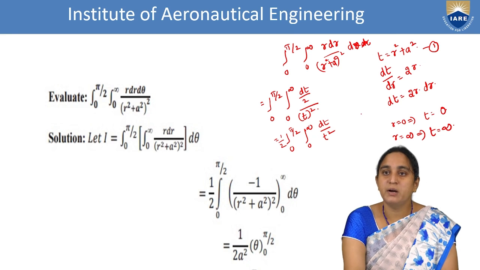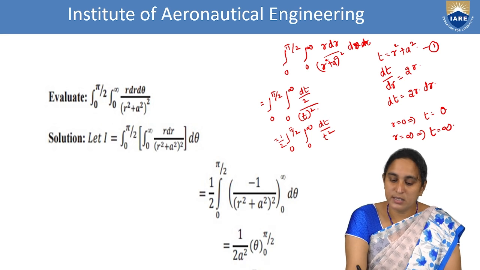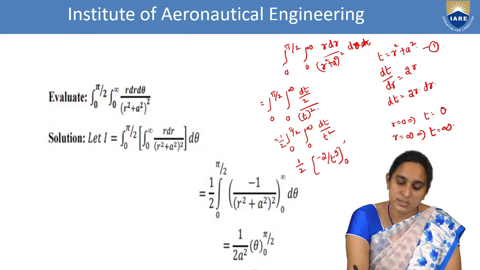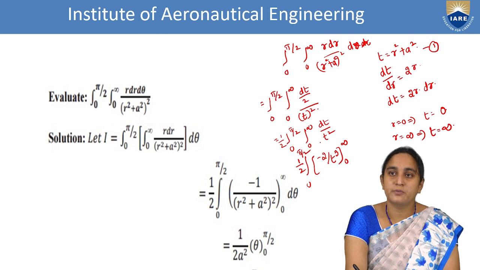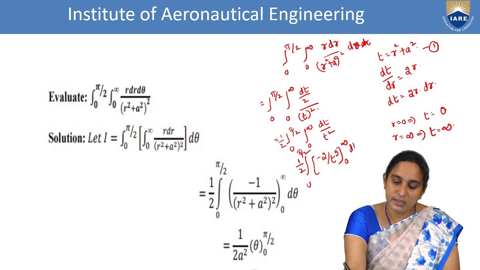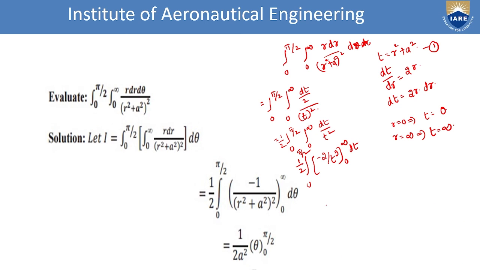What about the integration of 1 by t square? That is 1 by 2 into minus 2 by t cube, and the limit points are 0 to infinite, and one more limit 0 to pi by 2.